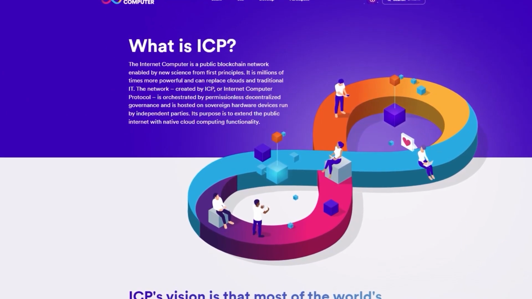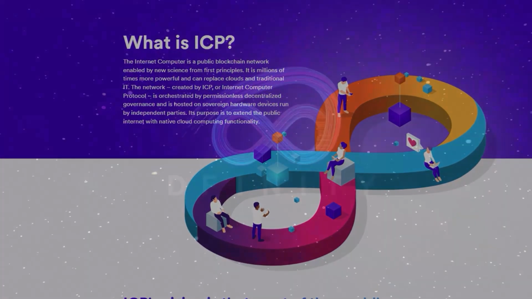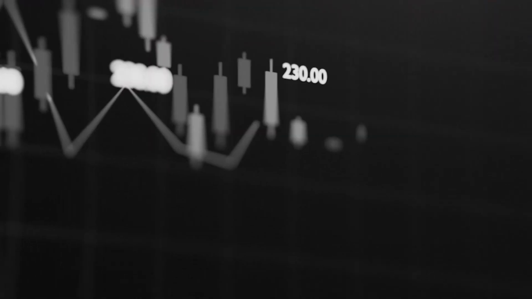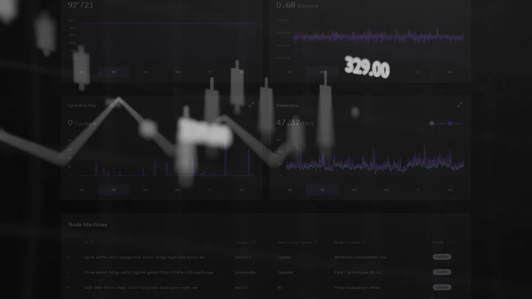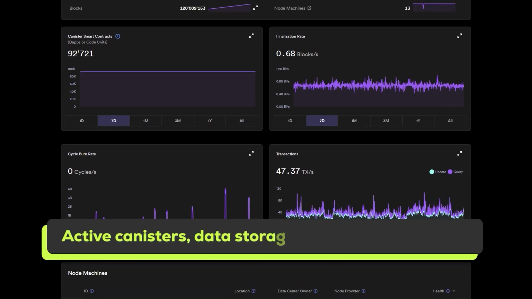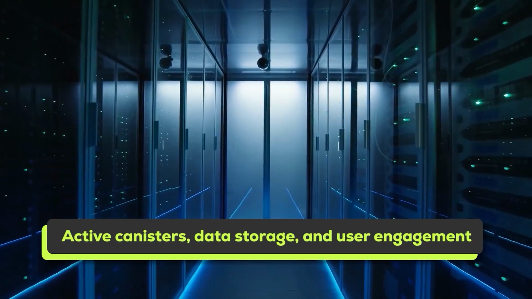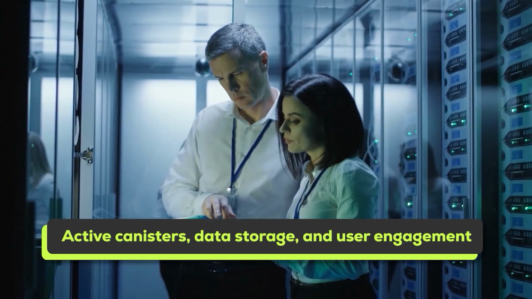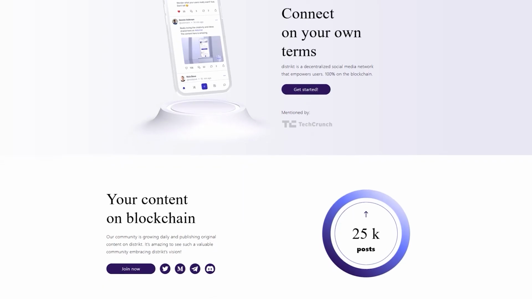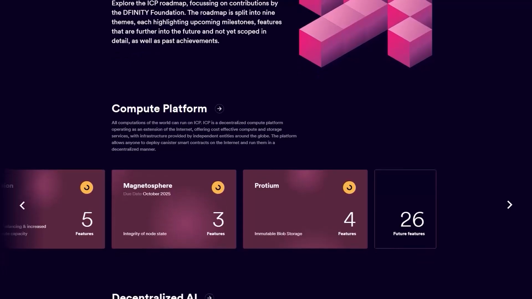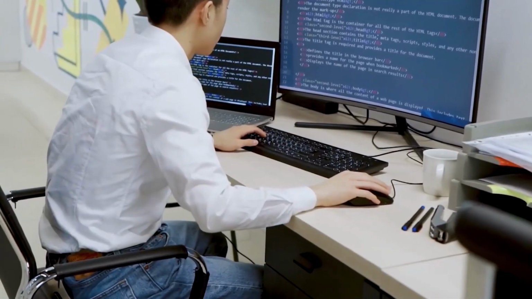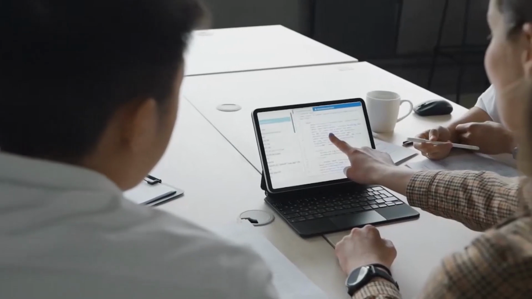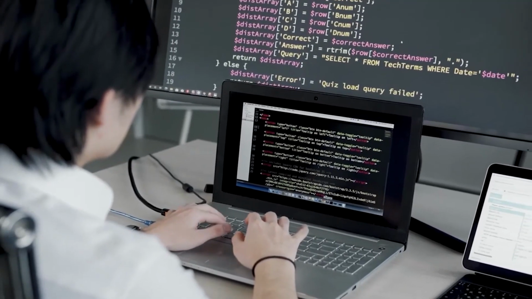Usage on Internet Computer differs from typical DeFi-centric networks. Transaction counts are less relevant than application interactions. Metrics focus on active canisters, data storage, and user engagement with hosted services. By 2026, several applications on ICP support thousands to millions of users, particularly in decentralized social media, DAO tooling, and developer platforms.